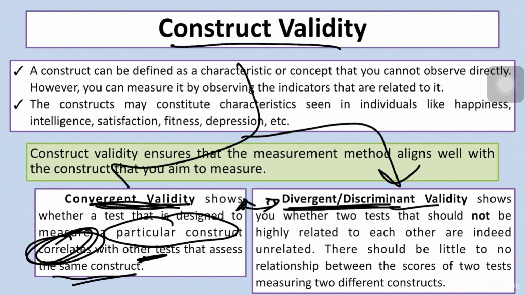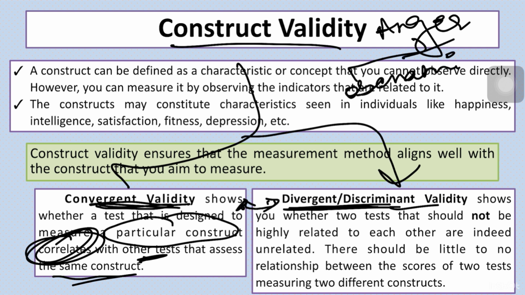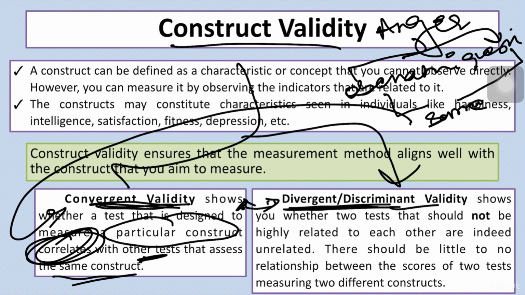Now an example could be, I am measuring one topic, that is anger. I can measure it through the observation method and I can measure it through the questionnaire method. Now if the results from both the methods are the same, I can say that my instrument has convergent validity.